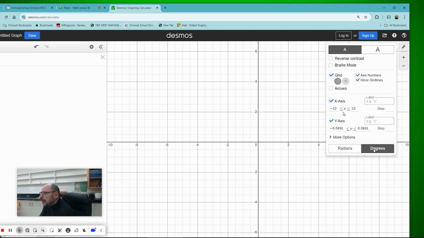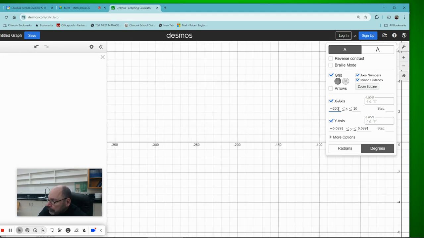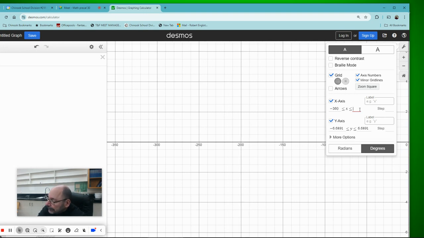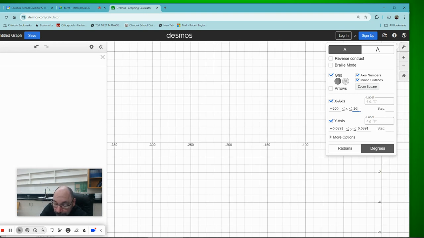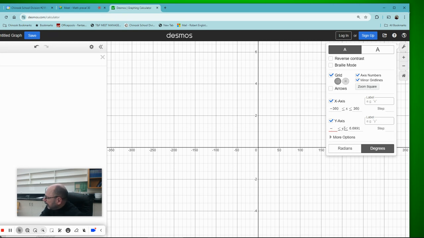Okay, and we're just gonna do our x-axis. We're gonna go from negative 360 degrees to positive 360 degrees. And then our y-axis, we're going to go from negative 5 to positive 5, just because we want to put sine, tan, and cosine all in the same graph to see what they look like.